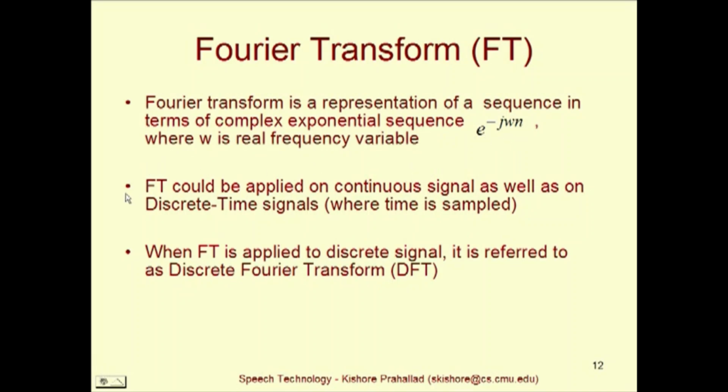The Fourier transform as such could be applied to continuous signals as well as discrete time signals. By discrete time signals, we mean that time is sampled at uniform intervals. When Fourier transform is applied to a discrete signal, it is referred to as discrete Fourier transform.